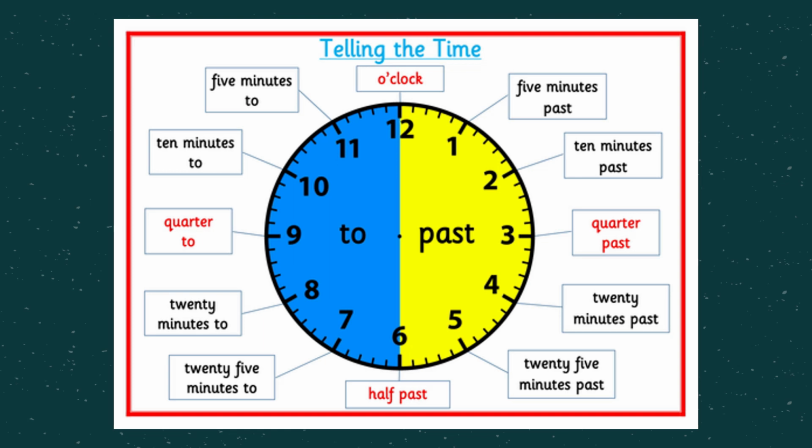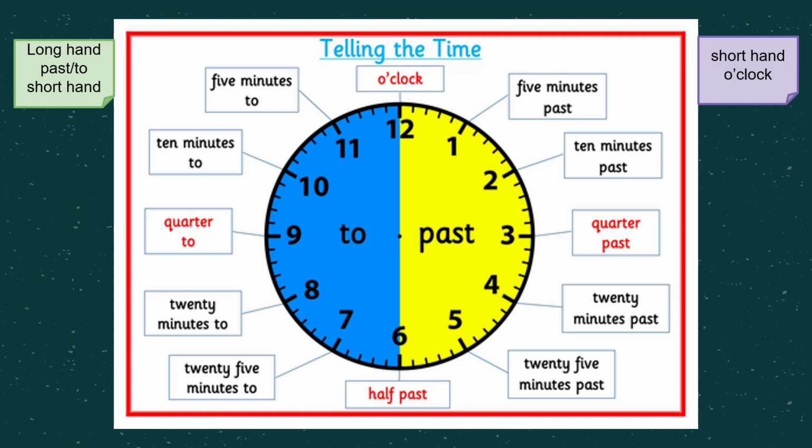The first is longhand, past or to shorthand, or shorthand, o'clock. Now, the first example is: the shorthand is pointing to 12 and the longhand is pointing to o'clock.